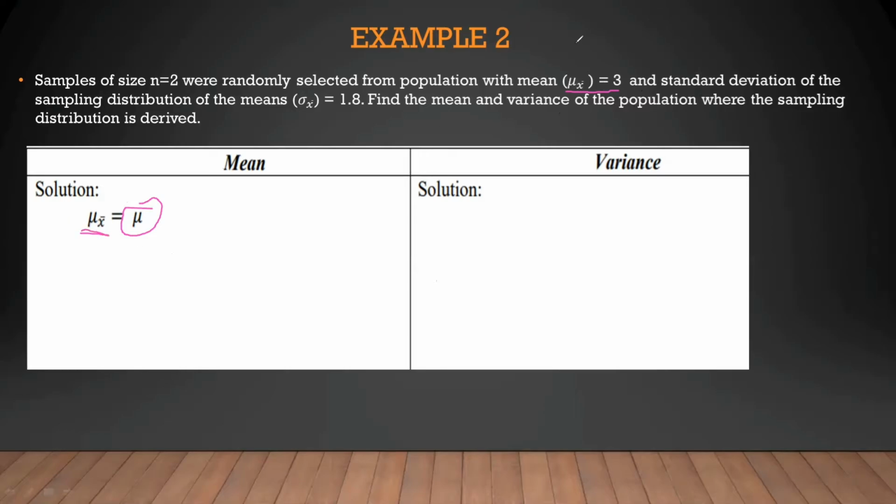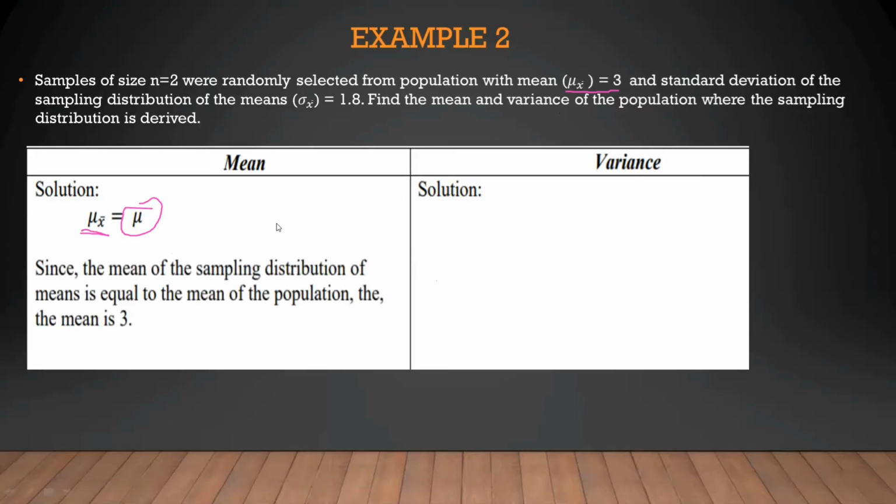That's why the mean of the sampling distribution mean is equal to the mean of the population. Therefore, the mean of the population is 3. Take note, kapag ang given natin is mean of the sample mean, isa-substitute natin siya doon sa term natin ng mean of the sample mean, hindi dito sa ating mean of the population.